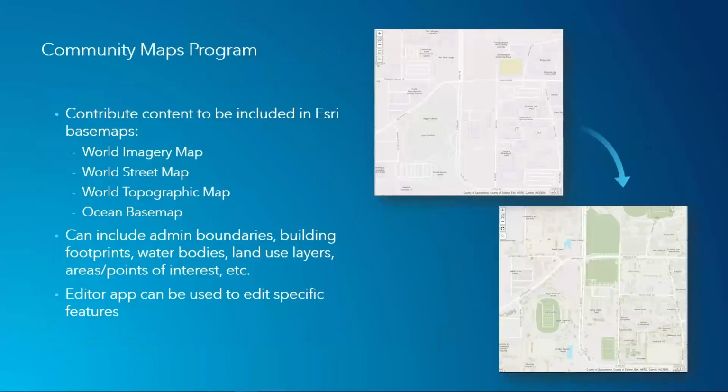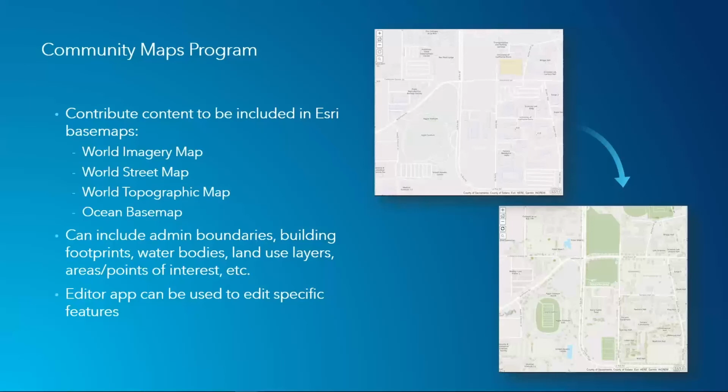All right, so beyond contributing your data as items to the Living Atlas, you can also contribute to the Community Maps program. As we mentioned with our basemaps, we have national, provincial, and local sources contributing to this. And that includes the imagery map, street map, topographic map, and the ocean basemap.